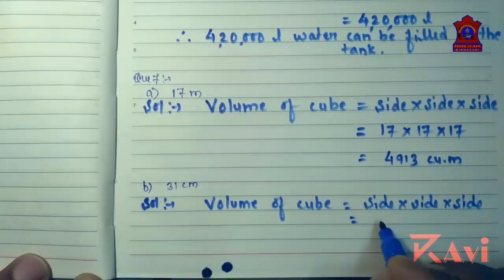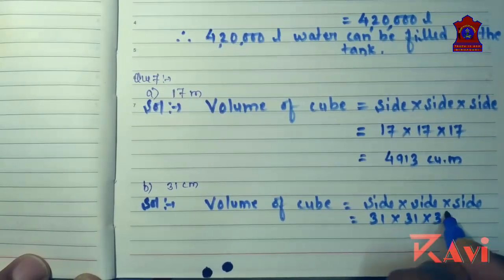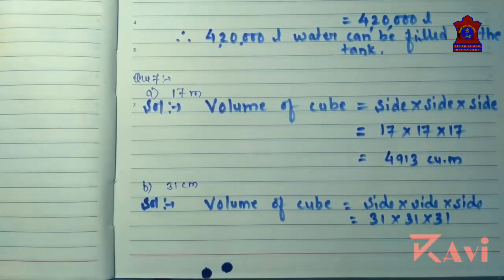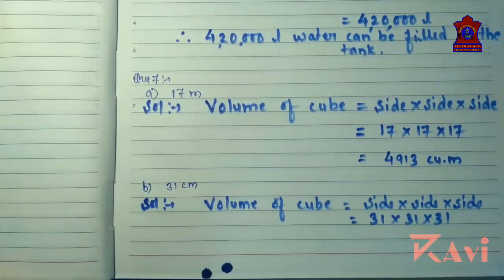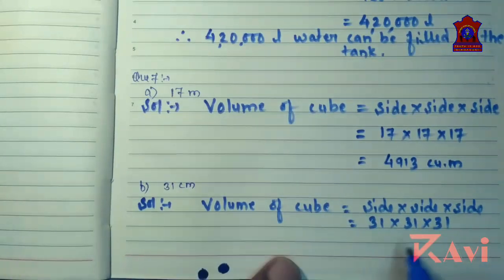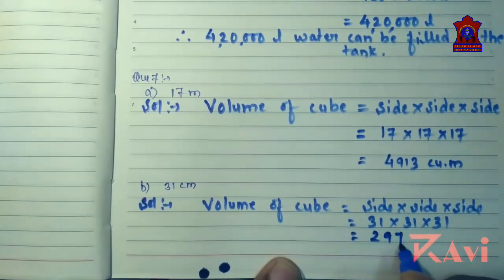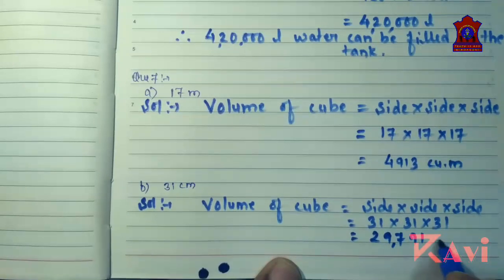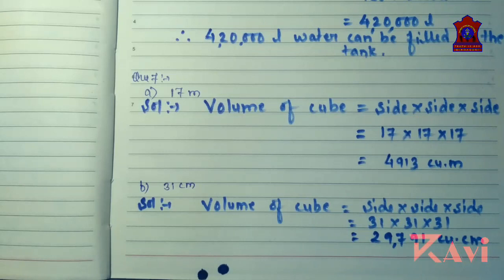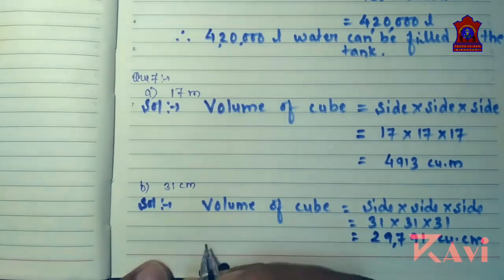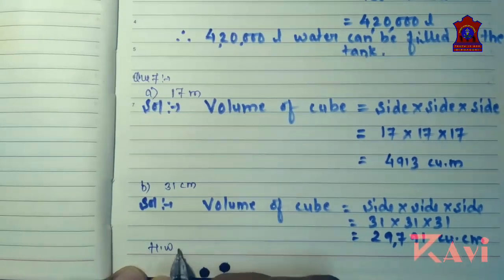Now here 31 into 31 into 31. Just multiply 31 3 times and write the answer. See, the answer is 29791 cubic centimeter. Clear? Like this, you have to use the formula and find out the answer. Do question number C by yourself.